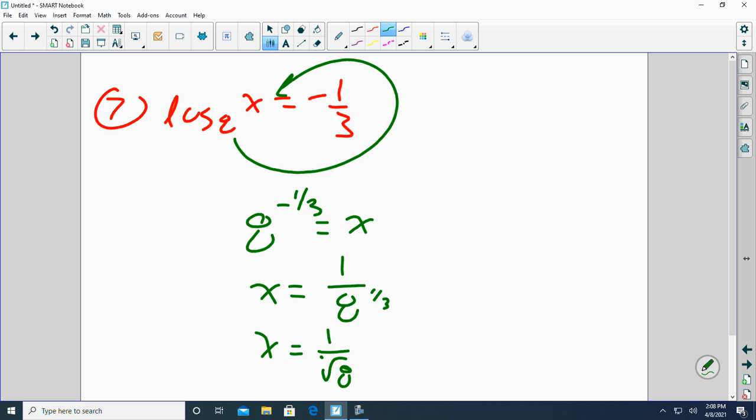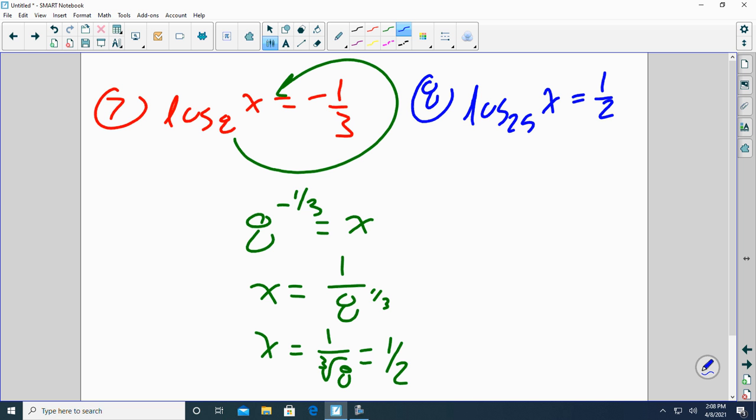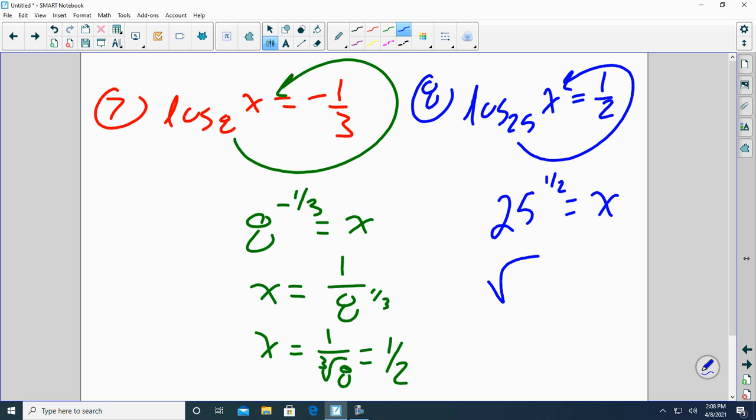So I get the third root of 8, which is going to come out to 1/2. And then number 8 is like this. So 25 to the 1/2 power is equal to x. The 1/2 power is the same thing as the square root of 25. Square root of 25 is 5.